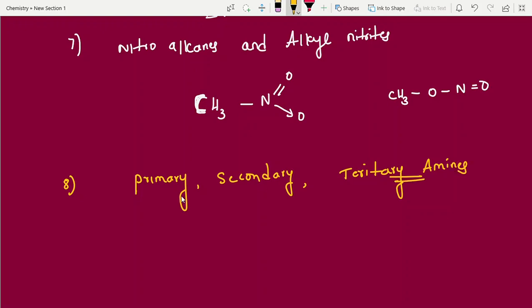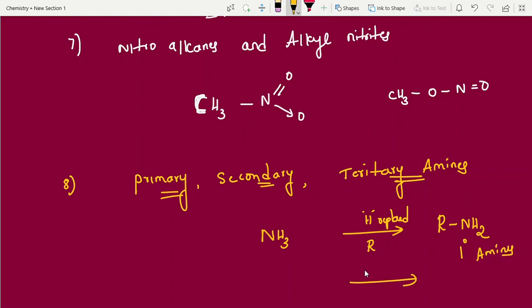If you have taken ammonia, NH3, one hydrogen replaced by R, replaced by an alkyl group. That's it. What we call it as RNH2. This is primary amine. And 2 hydrogens replaced by 2 R groups, R and H. This is secondary amine.